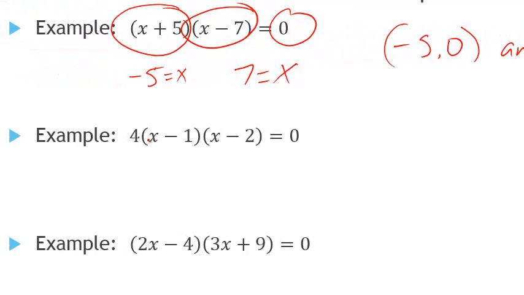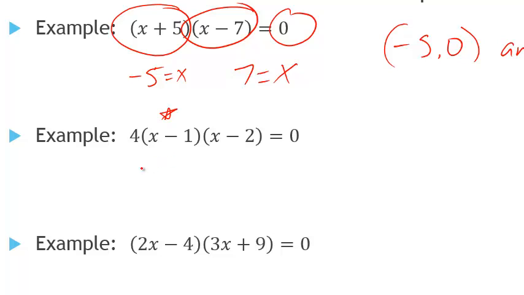For this example here, what are the roots of the solution? Now, this 4 doesn't really matter, okay? Because it's on the outside. But if this equals 0, then 0 times 4 is just 0. 0 times this would be 0. So what makes x minus 1 equal to 0? So then 1 minus 1 equals 0.